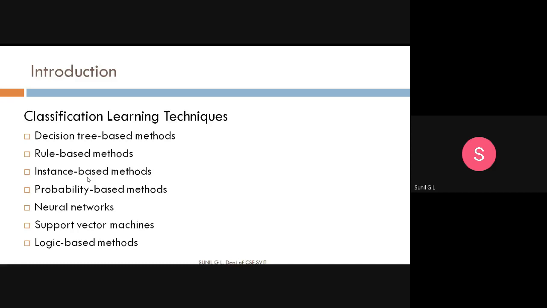In supervised learning, we have a lot of different techniques. Classification is one type. In the classification technique, n number of algorithms or methods are available. Classification is one of the supervised learning techniques. In classification, we have decision tree based methods.